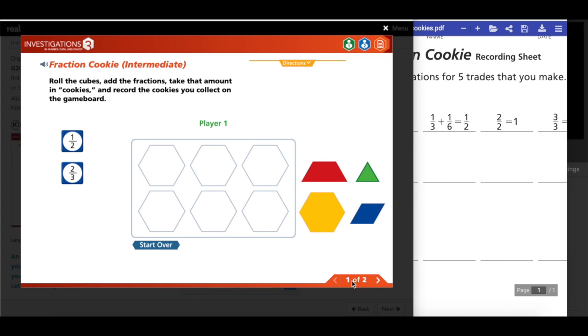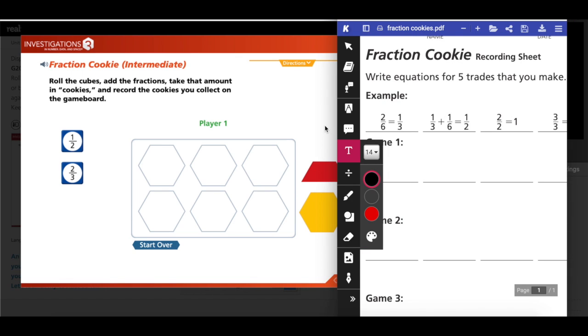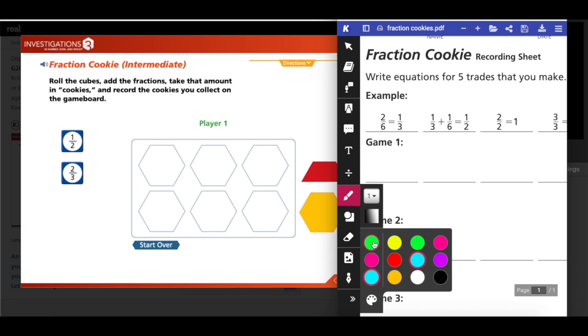What I need to do here is I need to use the least amount of shapes that I can. So I have 1/2 and 2/3. So I'm going to add them up and see how many that I get, or what is my total.